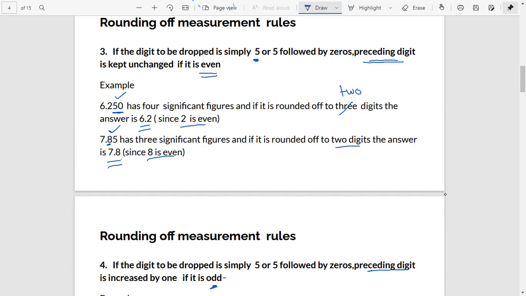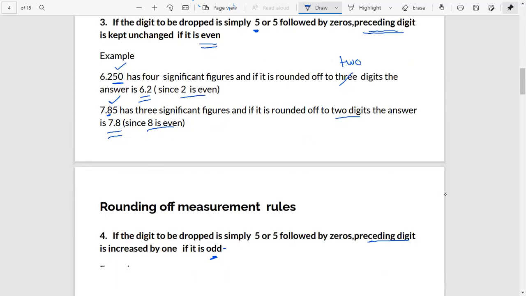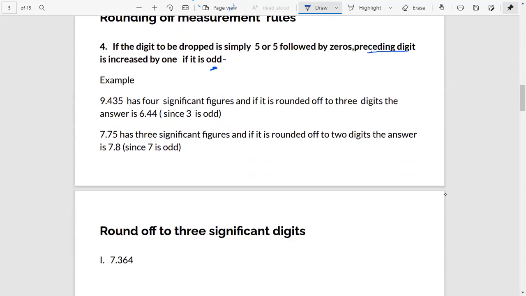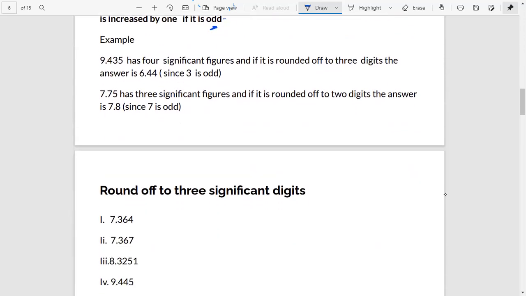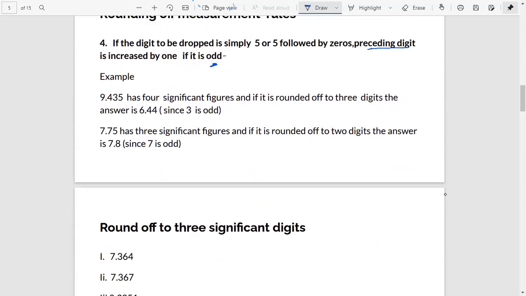And as I said, the last case is when the preceding digit is odd. In the case here, the preceding digit 3 is odd, and the last digit is 5, simply 5.